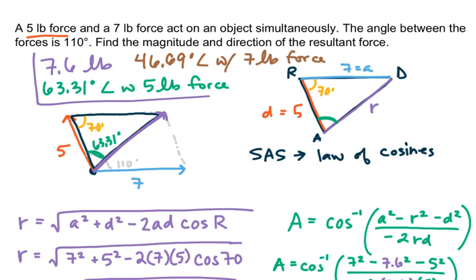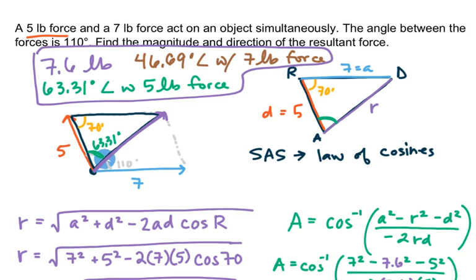So that got a little jumbled here at the end because I'm just trying to cram it in. But the magnitude of the force, these two forces acting together, 5 and 7, create a 7.6 pound force. And it's not really that much greater because they're not really acting in a similar direction. So we're not doubling that force impact. And then we have two angles.